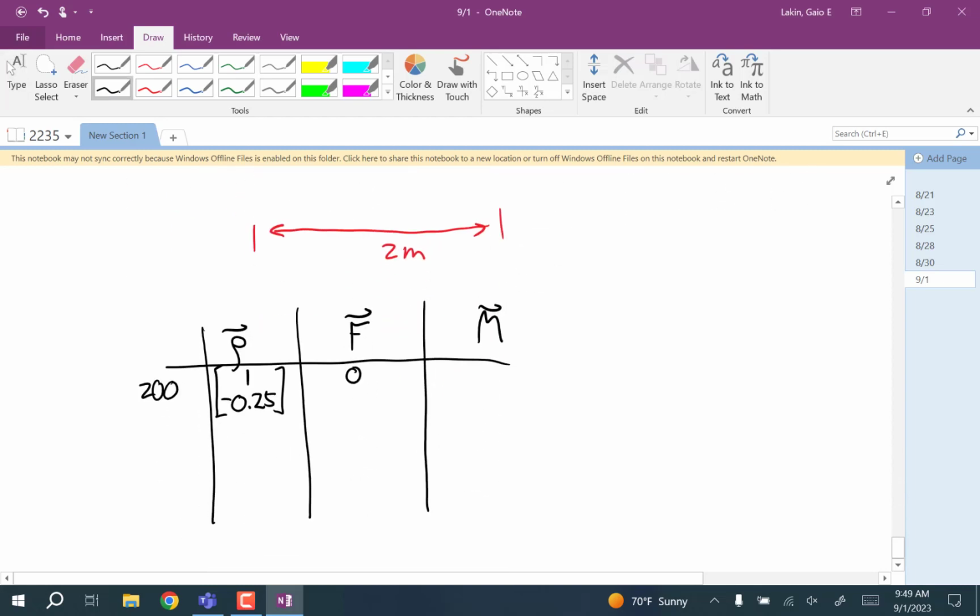The force vector is 0, negative 200. And so the moment is 1 times negative 200 minus these two, which is 0. So you get negative 200 for the answer there. Remember, that's a z component. I'm just doing a shorthand of it.